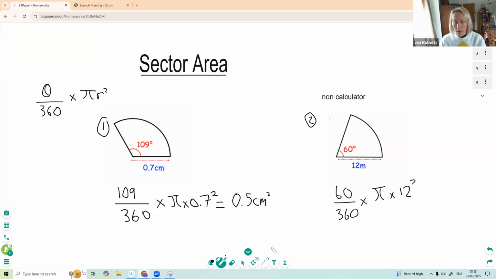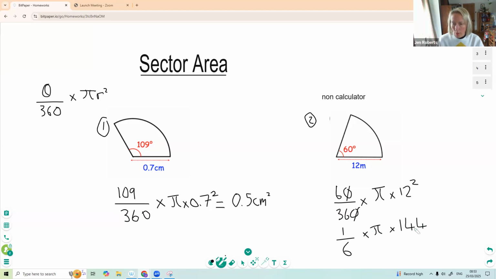So best thing to do, I think, here is to simplify your fraction first. Divide the numerator and denominator by 6 and you get 1/6. 12 squared is 144. So this is really now all of this divided by 6.